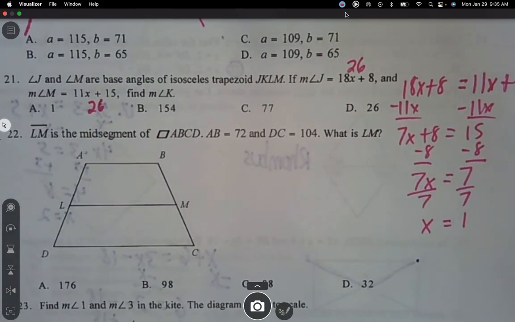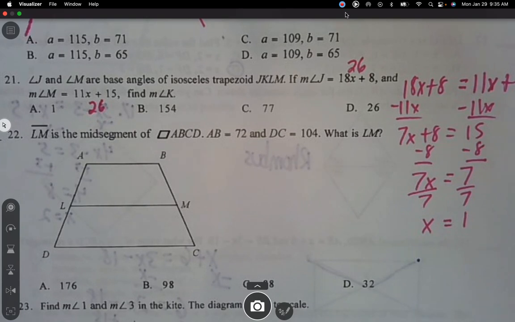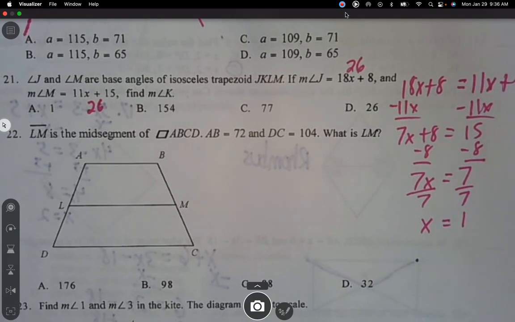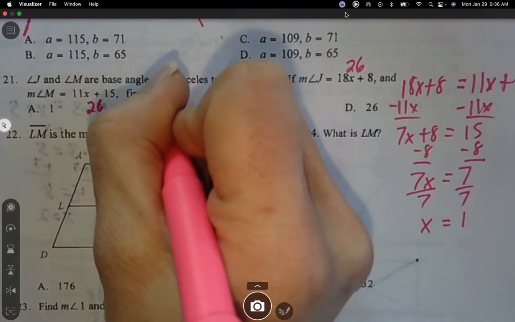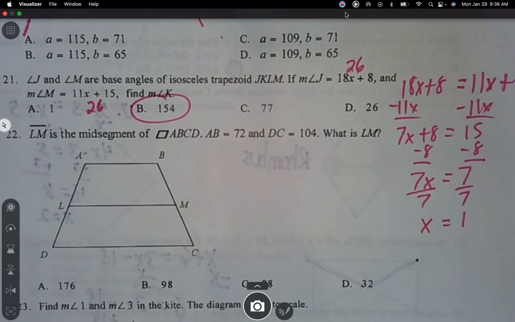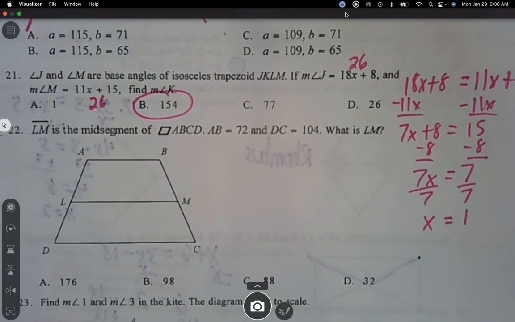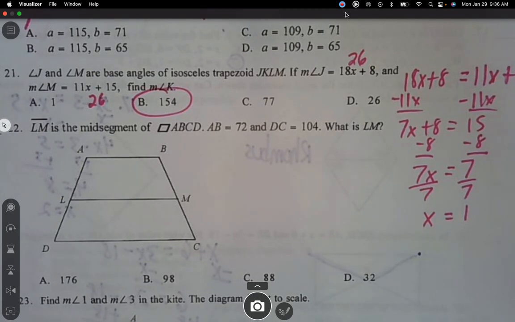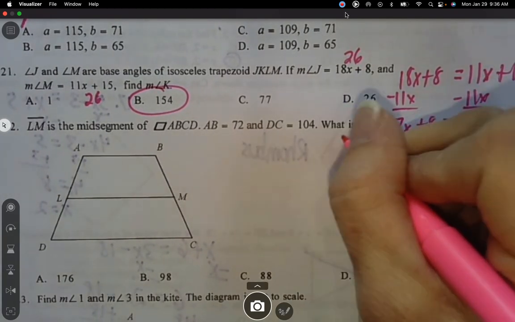What is 180 minus 26? Oh wait, actually this one did want me. Hold on. Okay, what is 180 minus 26? 154. That is the right answer. For a second there, I thought they got something different. Okay, is everybody good with that? It was minus 26.